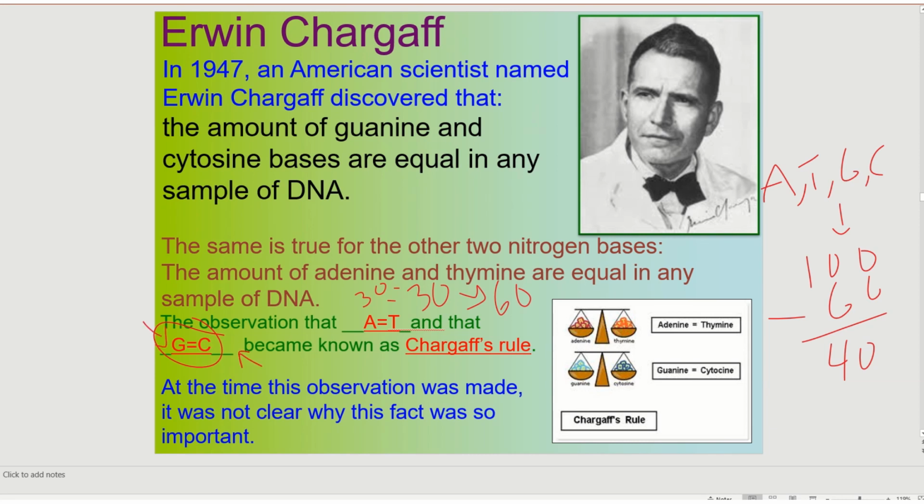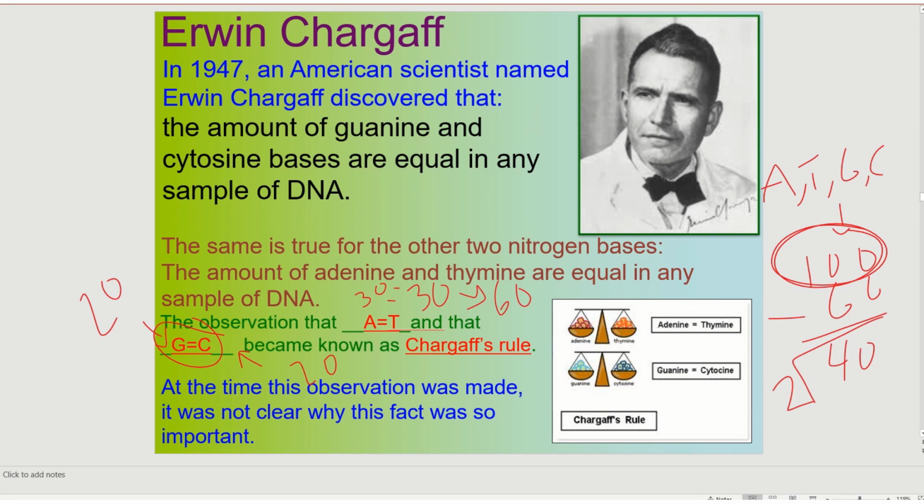I'm going to have to divide that 40 by the 2, right? Because they're equal. So 40 divided by 2 is 20, right? And 20. So then I should have 20 plus 20 plus 30 plus 30 should equal the 100.